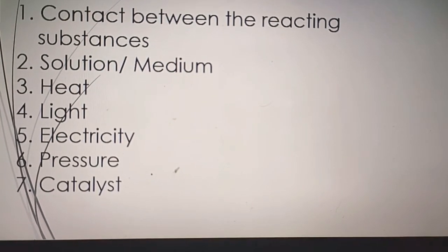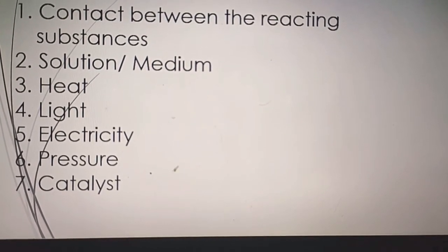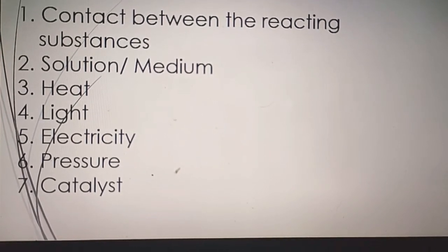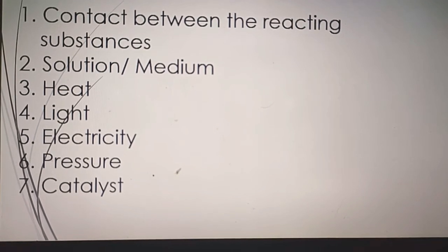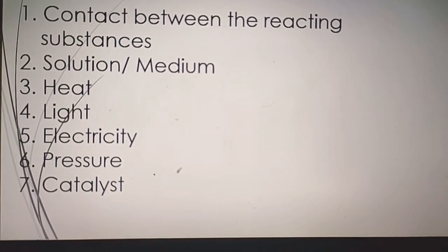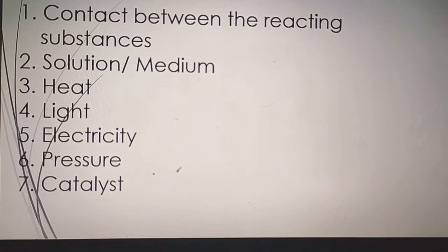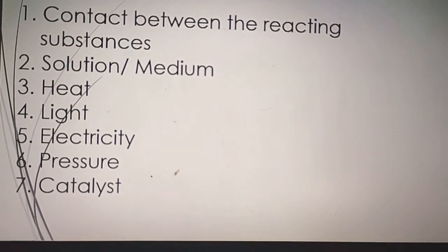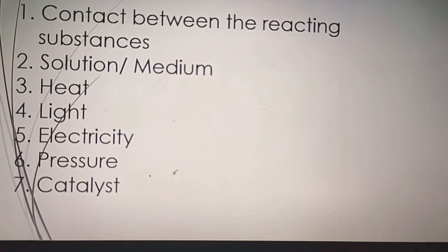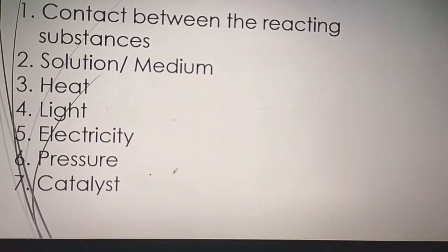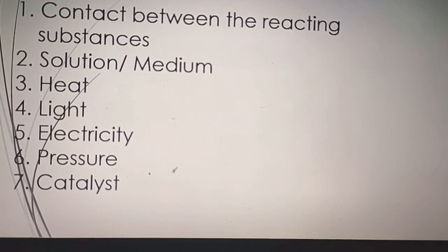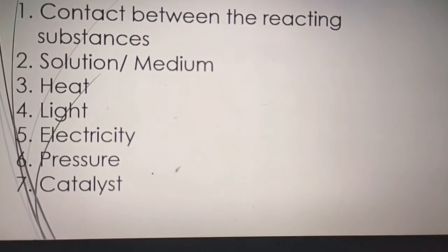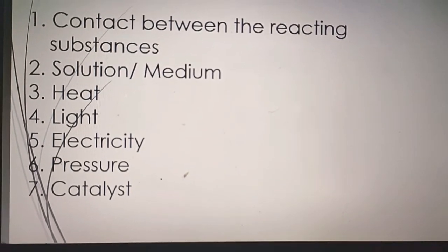Now the third point, that is heat. Many reactions take place only when you supply heat to a particular substance. For example, an example given in your book is iron and sulfur. When you have iron and sulfur in solid form in a test tube and you heat it, iron sulfide is formed.